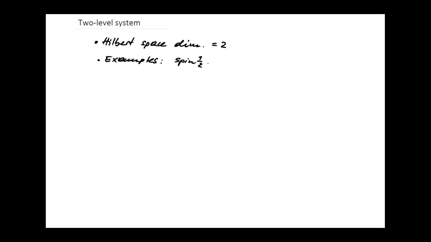There are atoms that you can effectively describe as two-level systems. Of course, atoms have more than two levels, but you may be in a situation where, say you have the ground state, for example, and then you only excite the first level above the ground state, and all the other levels are never excited in your experiment, so you can disregard them, and you can effectively, for the purposes of your experiment, describe the atom as a two-level atom.